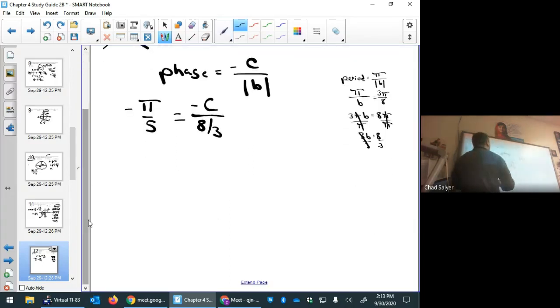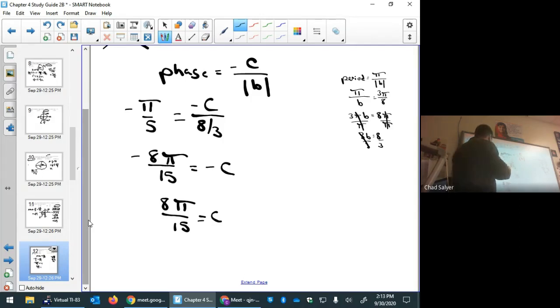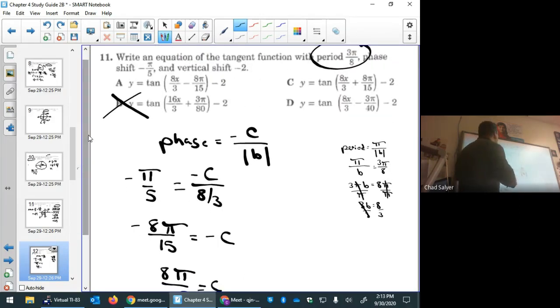So if I multiply both sides by 8/3, and then I multiply both sides by -1, 8 pi over 15 equals c. So that disqualifies this answer. So we know it's either A or C at this point.